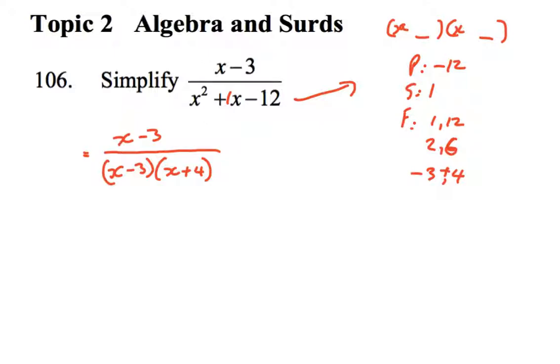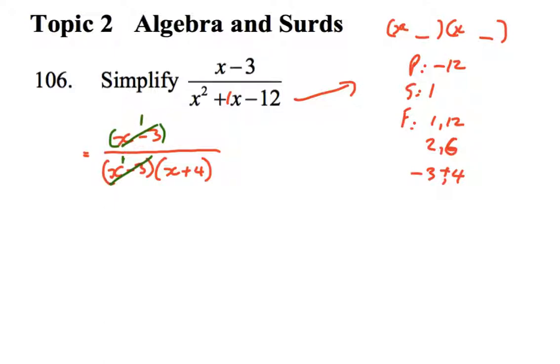Now you can spot, I think, that we could cancel these out. Now do not cancel them out so that the top totally disappears. The proper way of cancelling this out is saying a bracket of x minus 3 goes into the top once, so we'll end up with a 1 on the top, be careful with that, and it goes into the bottom once as well.